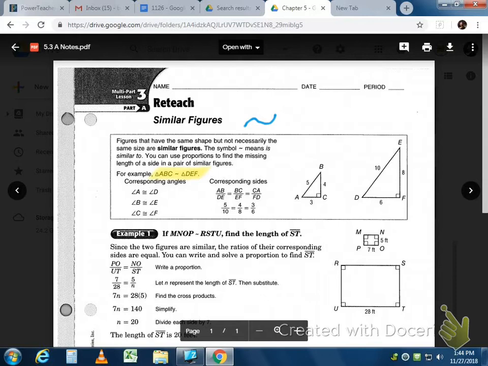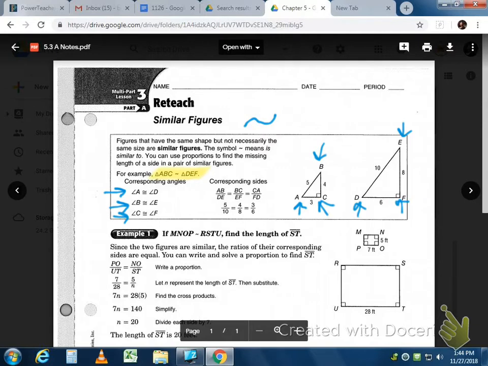So it's telling us that A is congruent to D, because A and D are in the same spot. B and E are congruent because B and E are in the same spot. And then finally C and F are congruent. Those are both the right angles. Those are called corresponding.